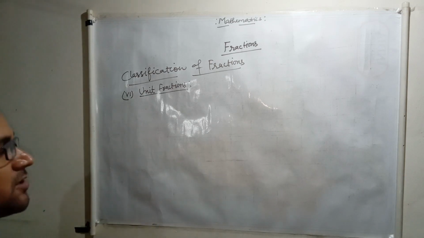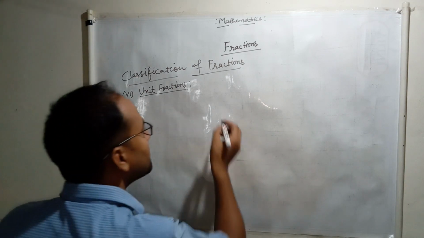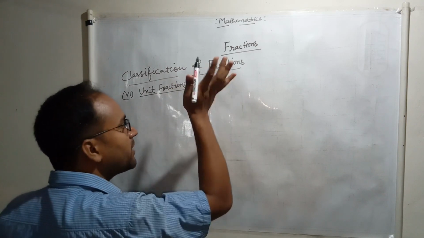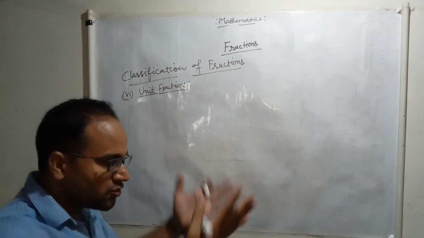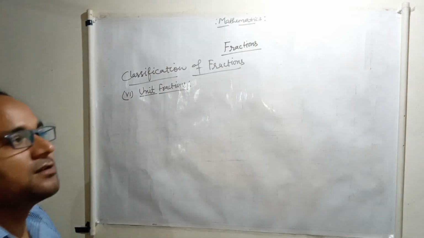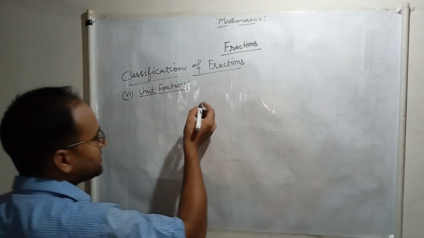Fractions with the numerator 1 are called unit fractions. If the numerator is 1, then they are said to be unit fractions.